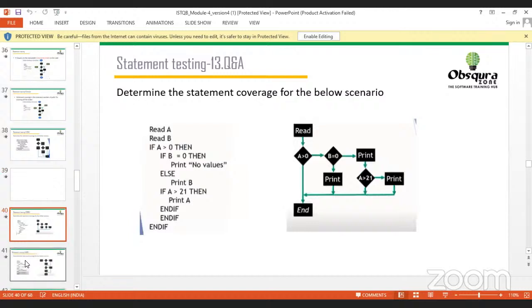Now, next question for the statement coverage. How many paths are required in this case?